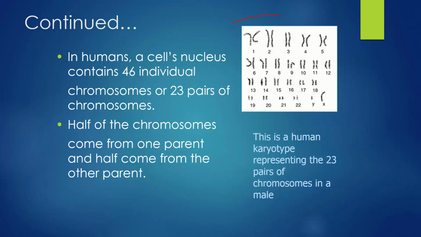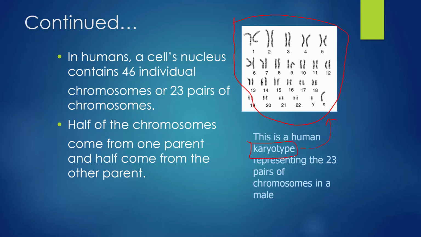So this picture is a karyotype. For those of you who missed this on the quiz, which many of you did, this was the most common thing missed, which is why I put it in this video to reiterate it. The karyotype is this picture representation of all the chromosomes in a species.